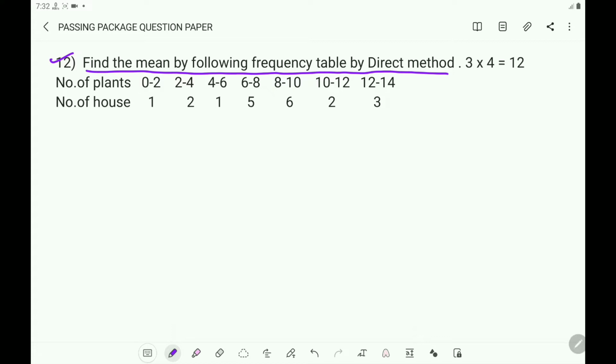So the first column is number of plants, that is in terms of class interval. So you write it as Ci.